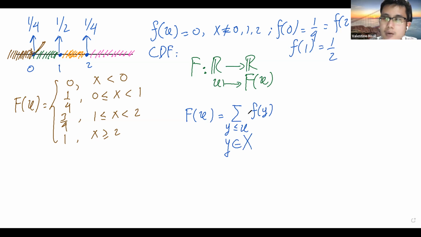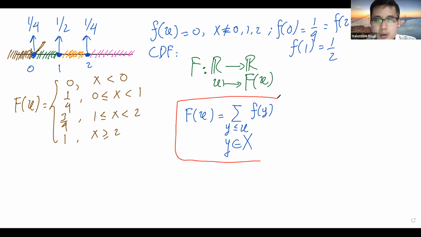So we only consider all y in that set. Actually we have the complete formula like this: all y less than or equal to x, and y is an element of the support.